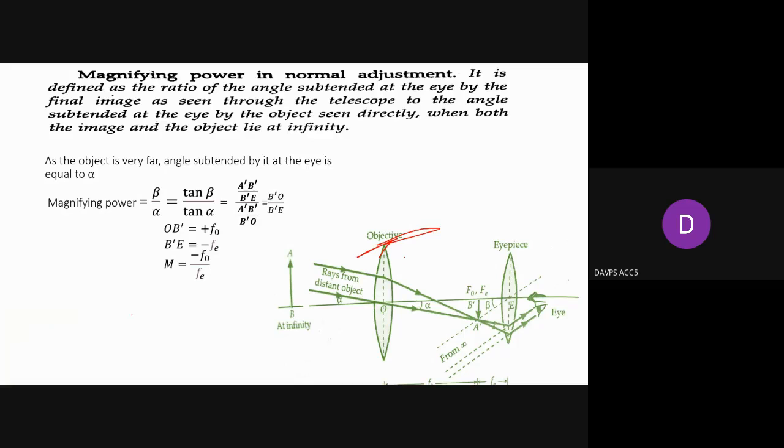Pay attention here: this is the basics you have to remember, length of the tube equals F naught plus Fe. Questions related to this also come.